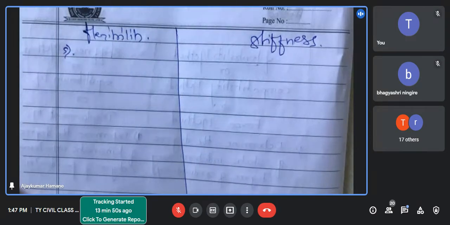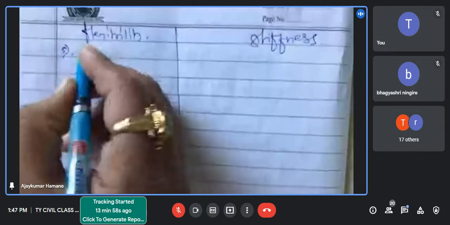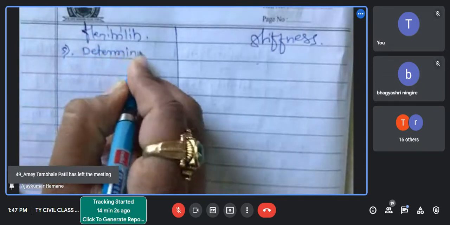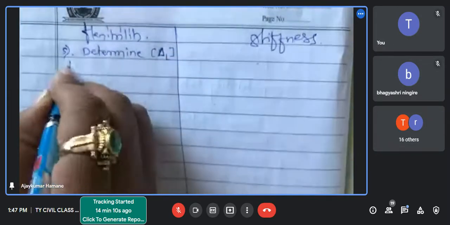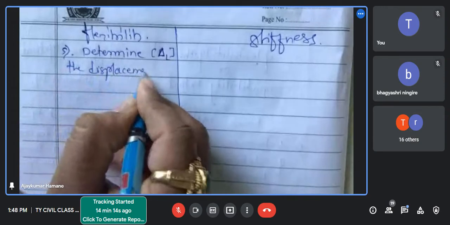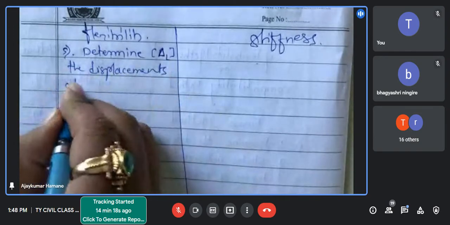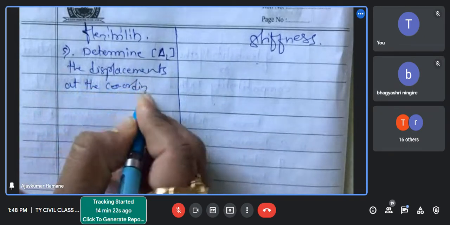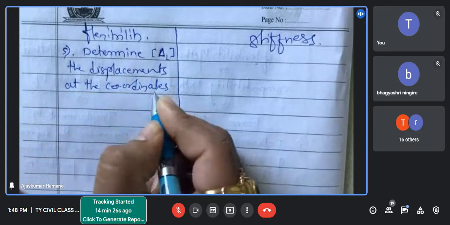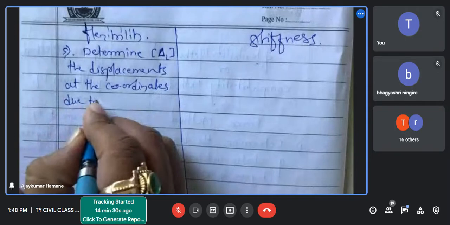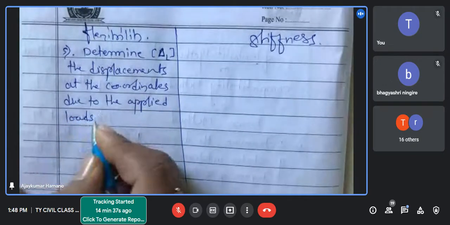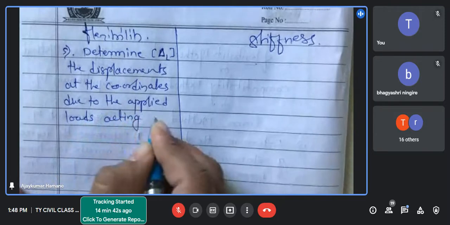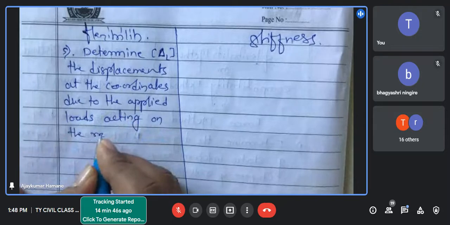Determine delta L, that is the displacement at the coordinates due to the applied loads acting on the released structure.